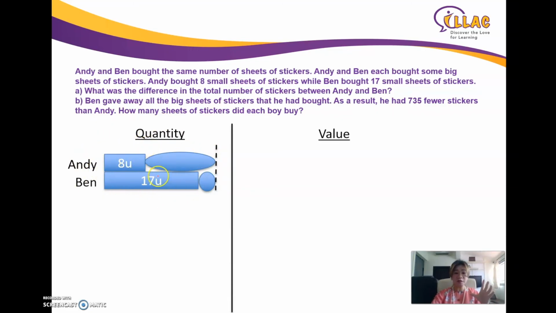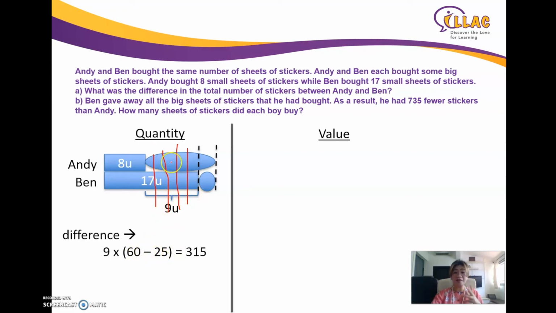Okay, so the difference between them will therefore be this part, which is 9 units of small. But this 9 units of small is differentiated by this big value over here. So there are 9 units over here as well, but these 9 units are big sheets. Therefore, each of these big sheets will be 60 minus the 25 over here. 60 minus 25, 9 times.